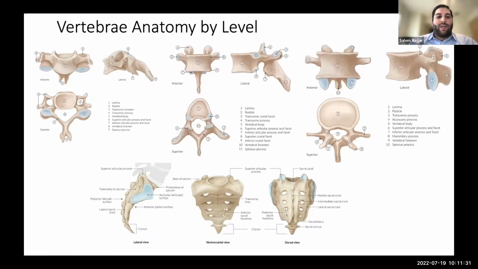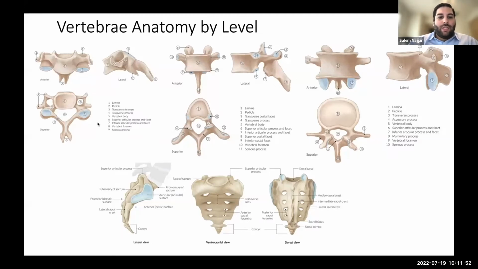That's really important because the vertebral foramen is larger in the cervical spine to accommodate the cervical enlargement of the spinal cord, which is closest to the foramen magnum at the skull base, right?